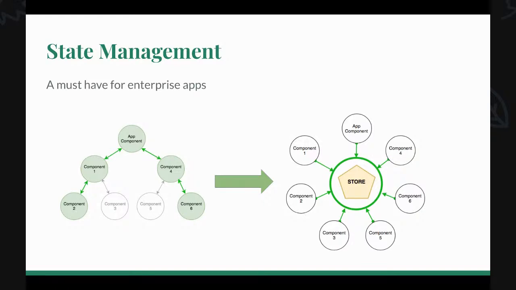And this is the rationale behind having state management. The CQRS pattern was developed because they wanted a predictable state container, which helps you write applications that are consistent and run in different environments.